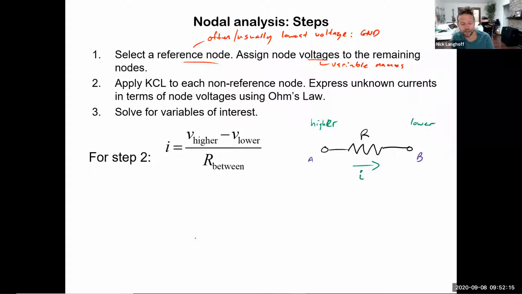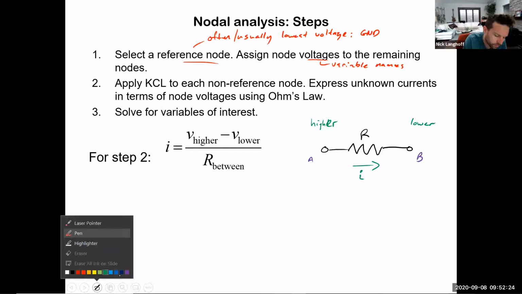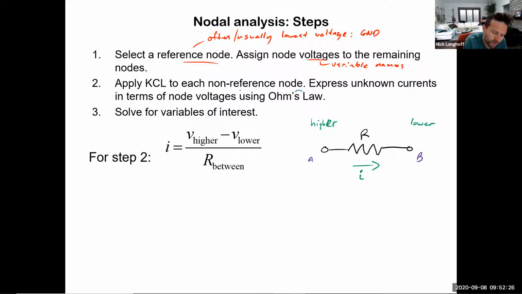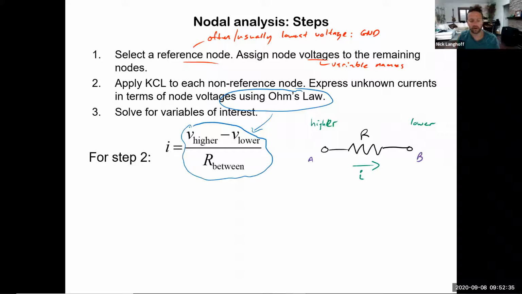So writing the currents going into node B, for example, we'd express them using Ohm's law. That's V higher minus V lower, in other words the differential voltage across the resistor, divided by the resistance in between those two nodes, is the current.